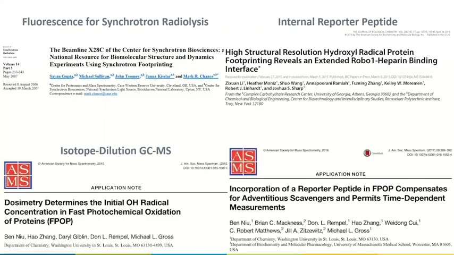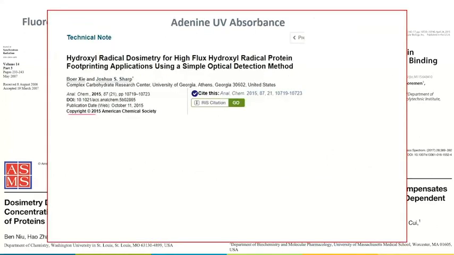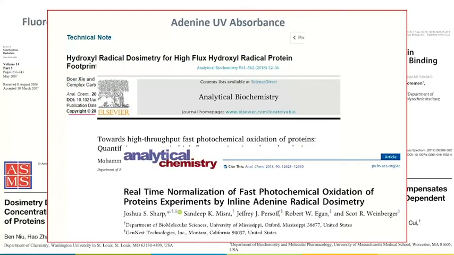A couple of labs, including my lab, the Gross Lab, have published methods using internal reporter peptides for doing dosimetry. But the way I really want to talk to you about is the way that we think is the easiest, the most informative, the fastest method for doing dosimetry. And that is doing dosimetry by UV absorbance, most typically using adenine. And we've published several papers on this.